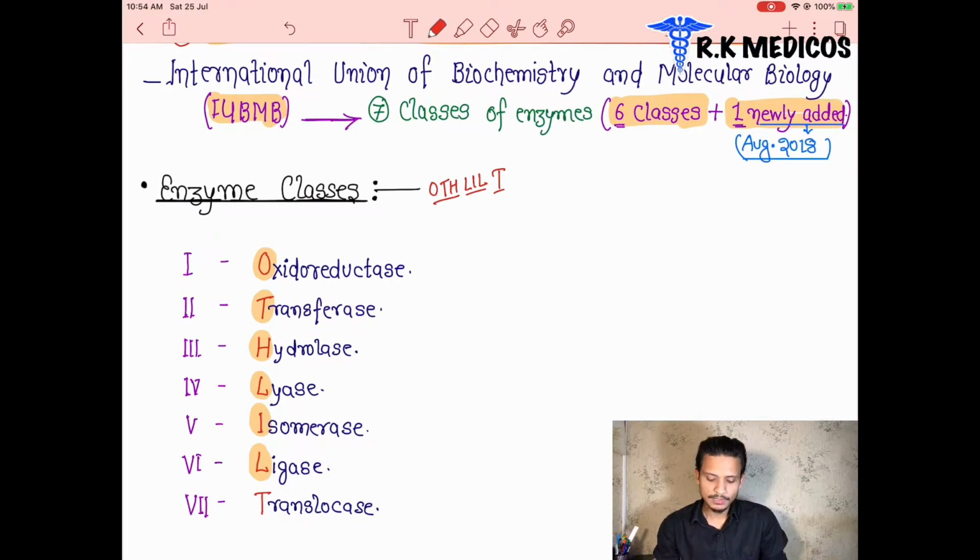These are the 7 classes of enzymes. O stands for oxidoreductase, T stands for transferase, H stands for hydrolase, L stands for lyase, isomerase, ligase, and T stands for translocase. We are going to discuss them one by one.